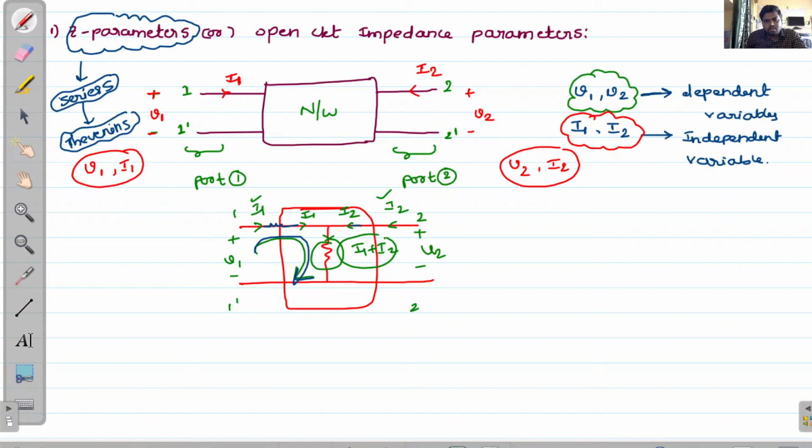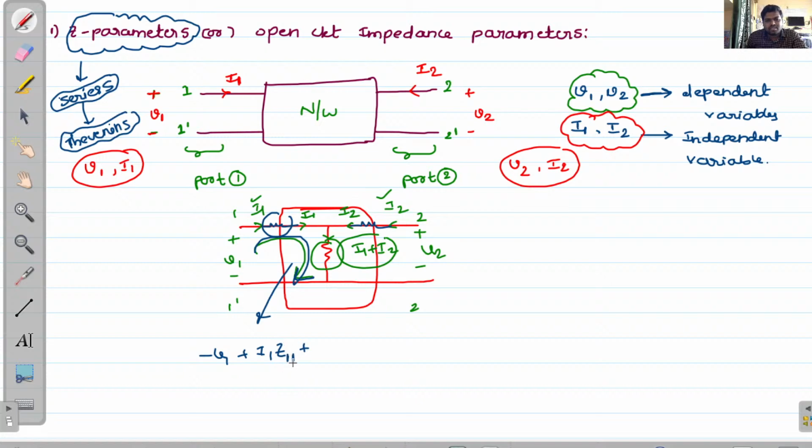So minus V1 plus I1 into this particular resistance, whatever the resistance, I don't know, I am just taking Z. This resistor belongs to port 1, purely related to port 1, so I am taking the port 1 impedance Z11.